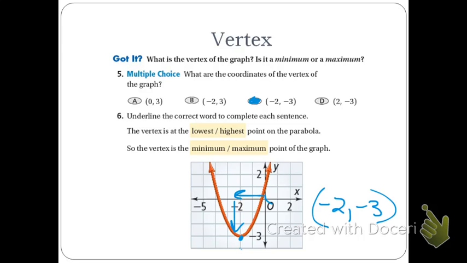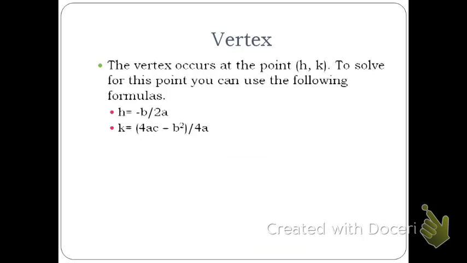Question 6, underline the correct word to complete each sentence. The vertex, in this example right here, is at its lowest point on the parabola. So the vertex is the minimum point of the graph. To calculate the vertex of any equation, we use the points h and k.